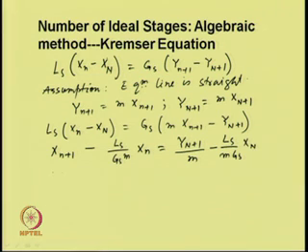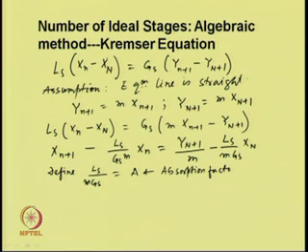So, if we define L s by m G s is equal to A, which is known as the absorption factor. It is the ratio of L s by G s divided by m, the ratio of the slope of the operating line to the equilibrium line.